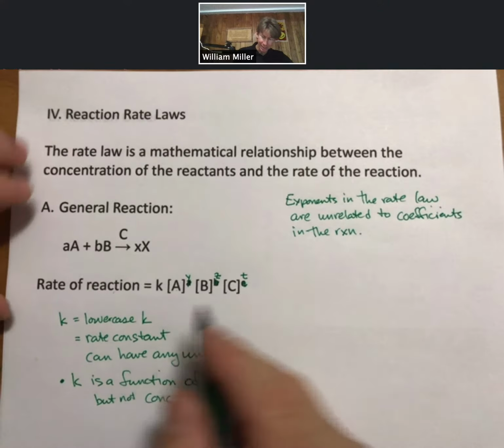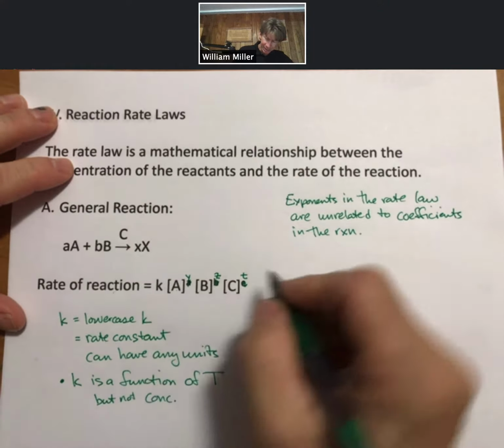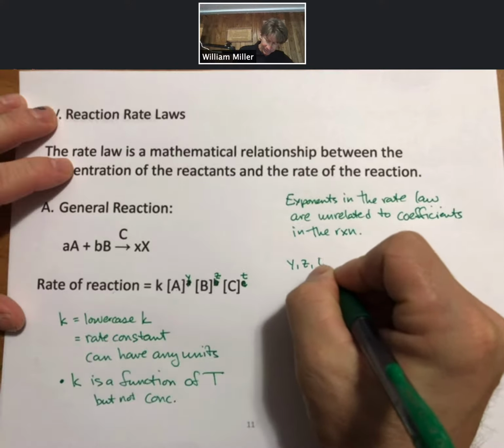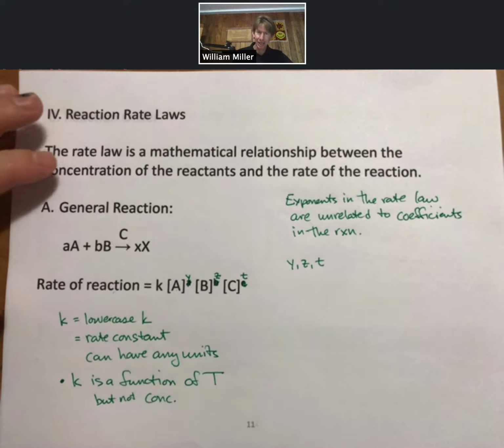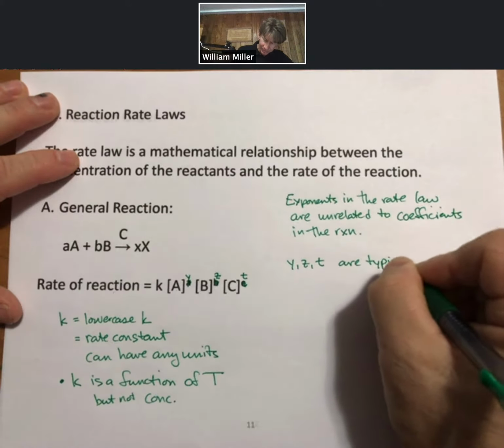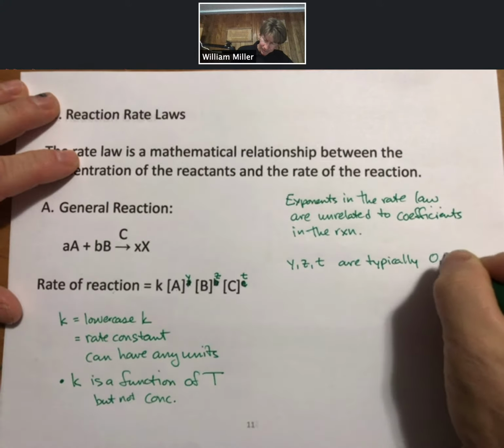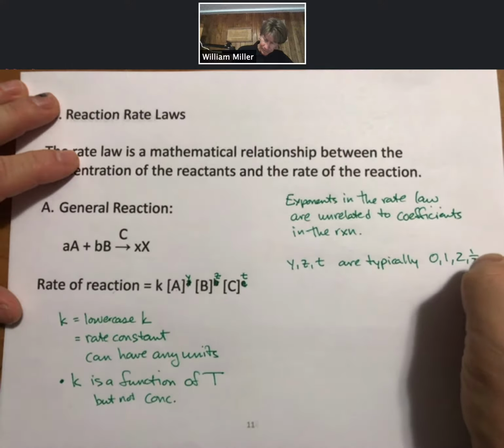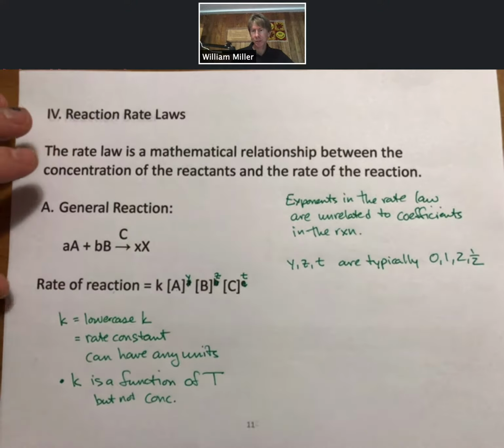For our class, let me talk about y, z, and t. The exponents are typically zero, 1, 2, or half. They can be other values, but typically, I guess the other big one, we probably won't even see 3.